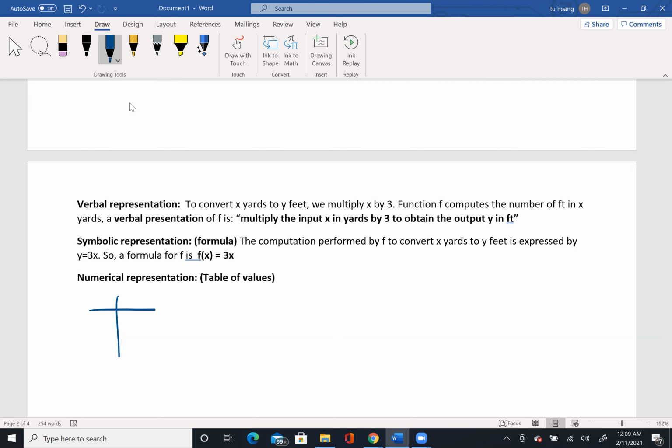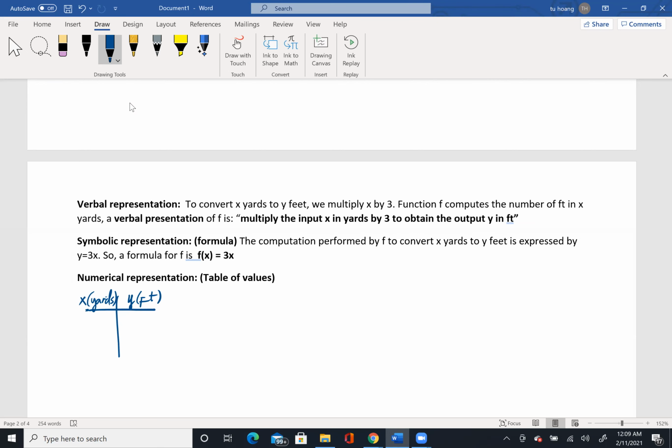It's like a T here, okay? And the left hand side is usually the input, which is the X value. In here it was jars, right? The number of jars. And the right hand side is the Y value, which is the output, in feet.